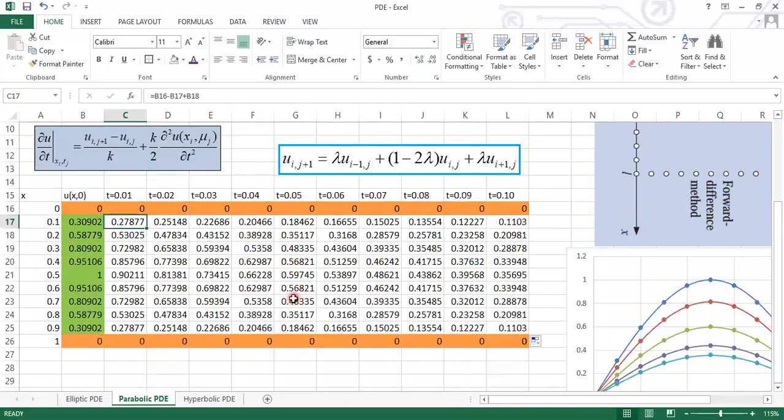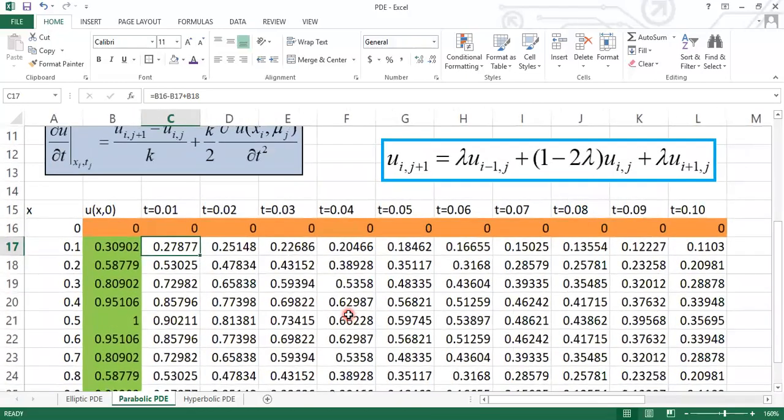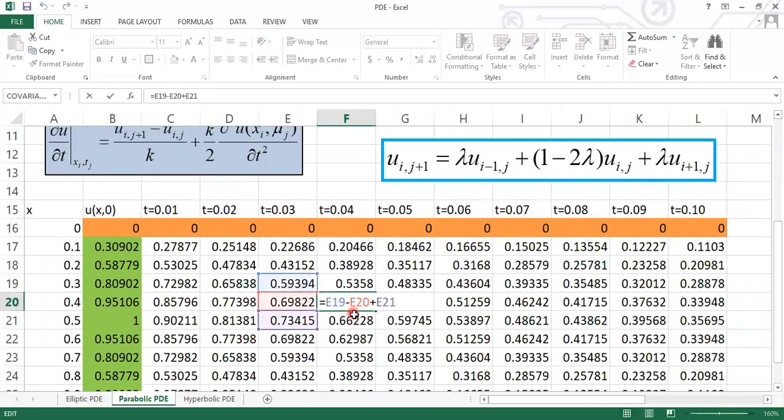You can check that from any point. For example, at this point, you can see that these three values are involved to compute a new value. And we can see here that F20 only involves the points with the E index.